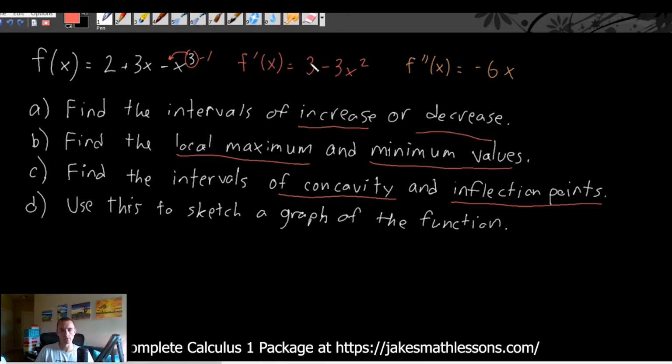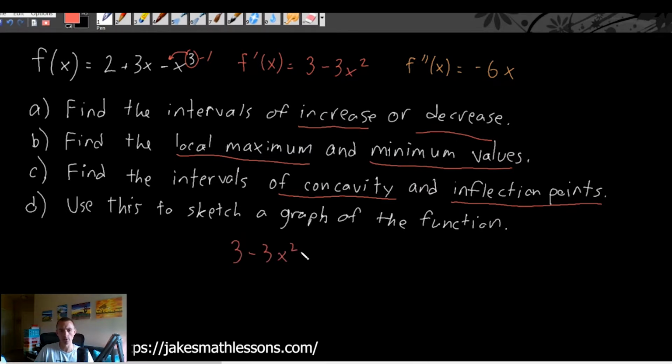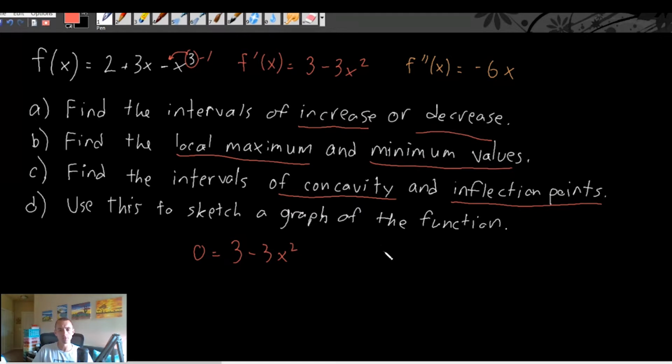We already have our derivative. It's 3 minus 3x squared. So we're going to set 3 minus 3x squared equal to 0. The other thing we want to keep in mind, in general, when you're trying to find critical numbers, is that you also need to figure out where the derivative of your function does not exist.